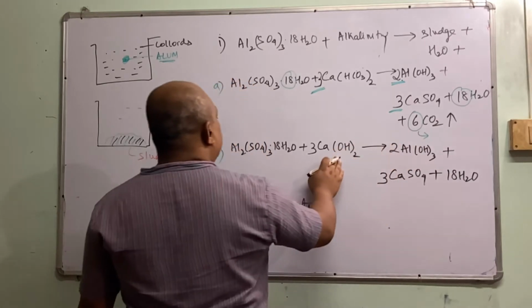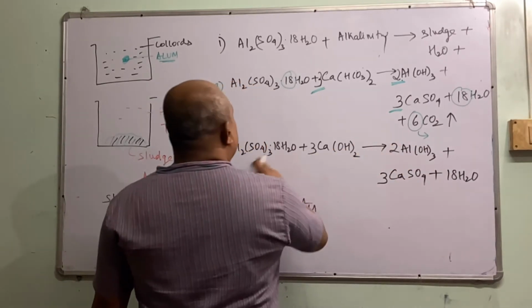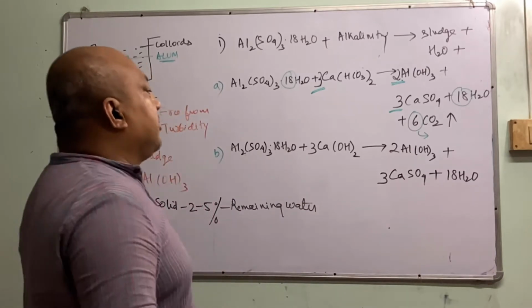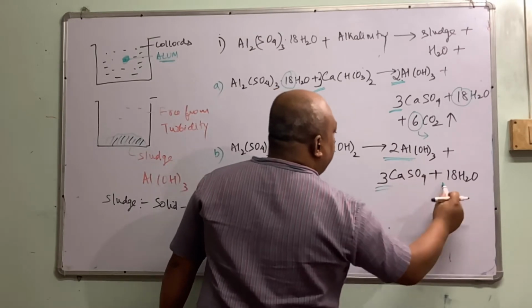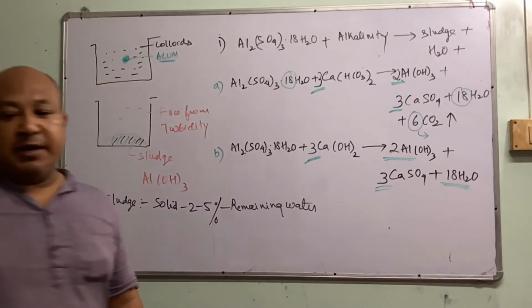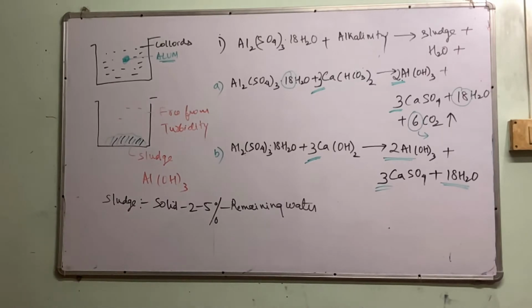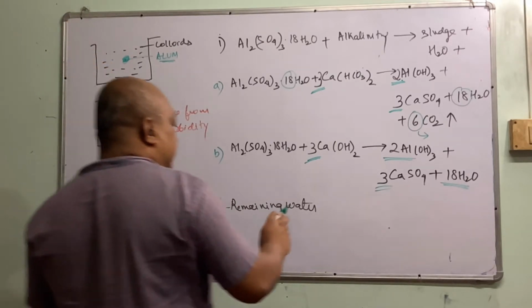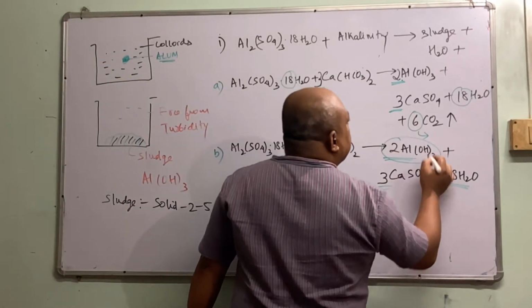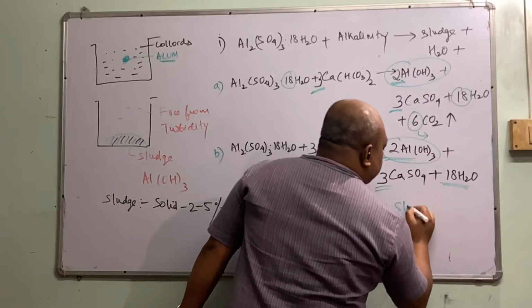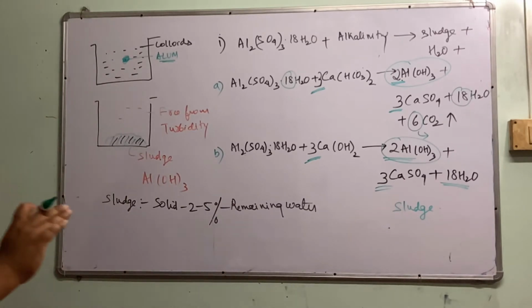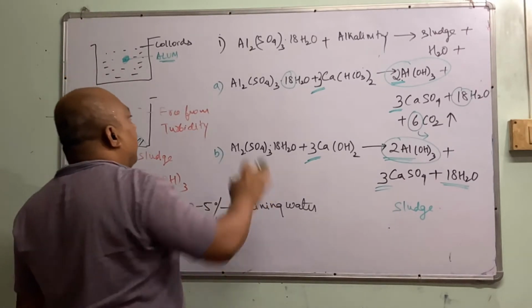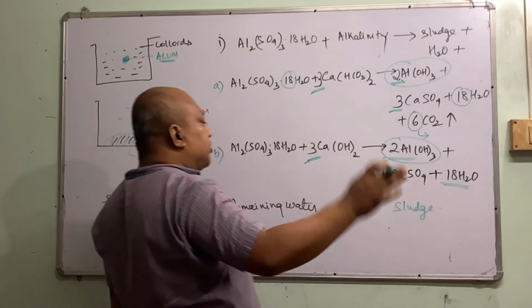Water molecule is gone, calcium and sulfate is there. Fine. So these two equations generally define the calculation of alum for all the evaluations. Please have a look again. This is the sludge. You should have a memorized formula: aluminum 2, sulfate 3, 18H2O.